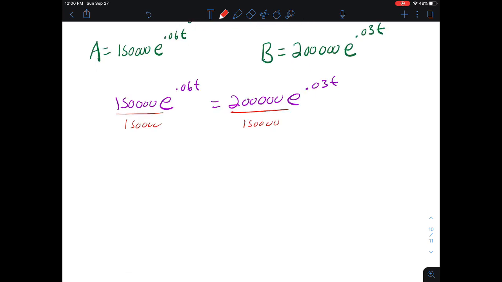That's going to give me E to the 0.06 T is equal to, I'm going to cancel out some zeros, so we got 20 over 15. I know I could simplify that further. Times E to the 0.03 T. And now I'm going to divide by E to the 0.03 T. So at least my T's are on the same side.